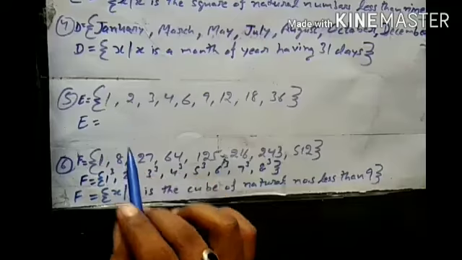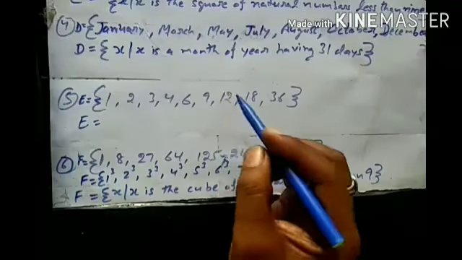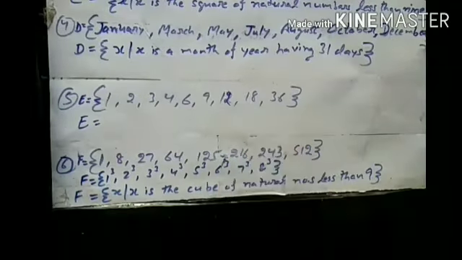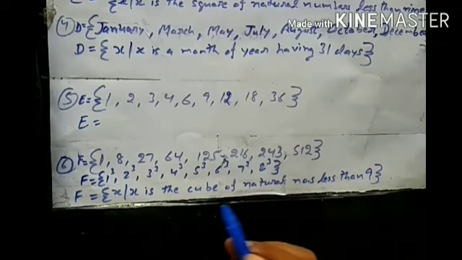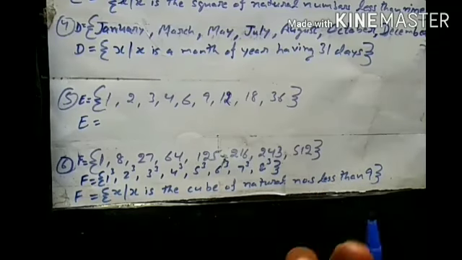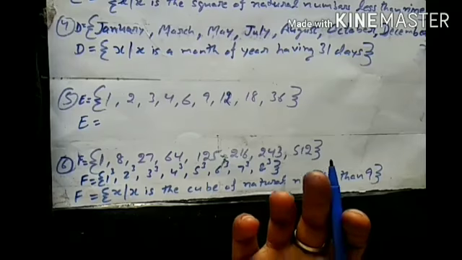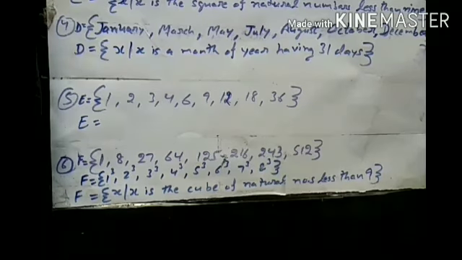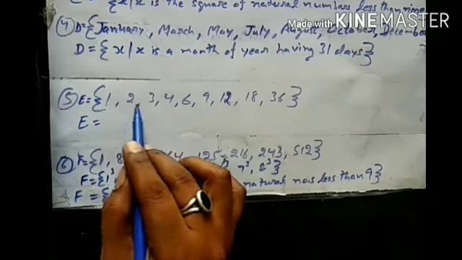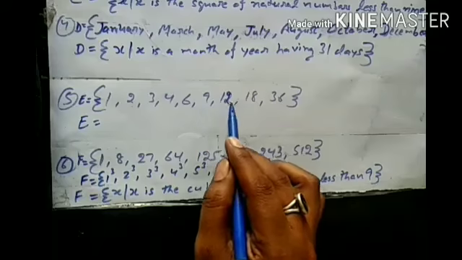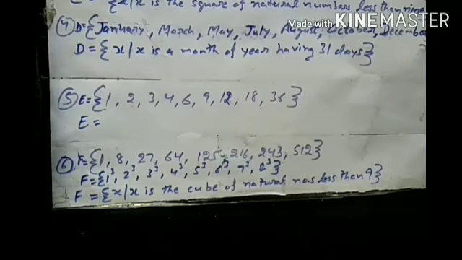Students, this is a question of a different type among all these. So I am going to explain this, and you need a lot of practice of these types of questions so that you may observe and judge the type of the set that you are going to deal with. Here 1, 2, 3, 4, 6, 9, 12, 18 and 36. The highest number is 36 here.